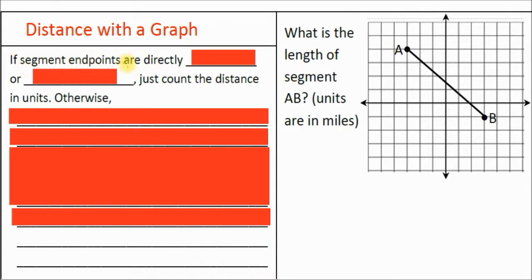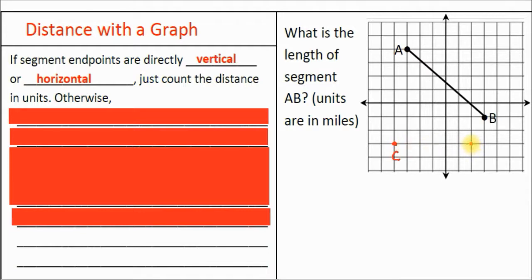Alright, let's cover a simple thing here. If segment endpoints are directly vertical or horizontal, you just count the distance in units. And to cover that, let's take a look at this. Look over at the graph. If we have a point right here, point A, let's call that point C, since point A is already on here.